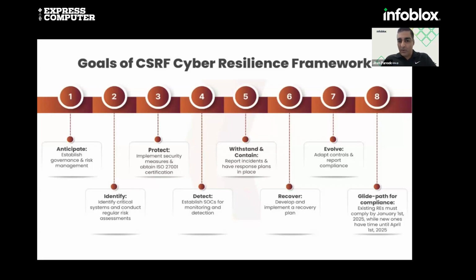Withstand and contain, and report incidents in a timely manner so that the mitigation can be adopted by the other regulated entities, and the response plan can be put in place before it impacts larger entities. And develop and implement a recovery plan in case cyber attacks have impacted the organizations, because business cannot go on hold.